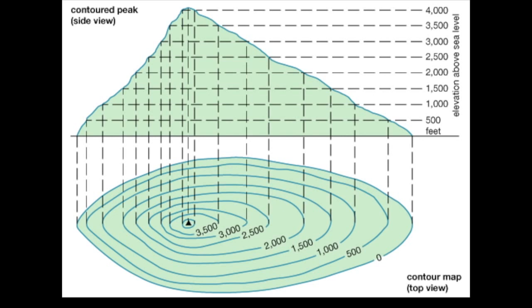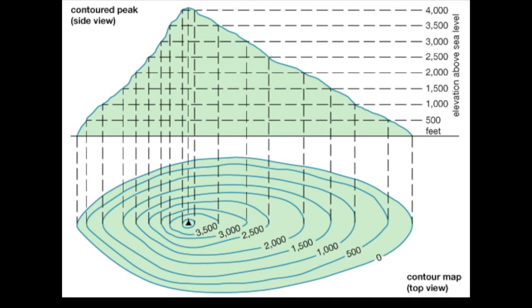Okay, this is a representation of a peak. You've got a side view on the top, and then what it might look like on a map down at the bottom. Where you see that little triangle on the bottom, that is the center of the peak. Now, what denotes the actual peak is the smallest enclosed circle on that picture that does not have any other contour lines inside of it.